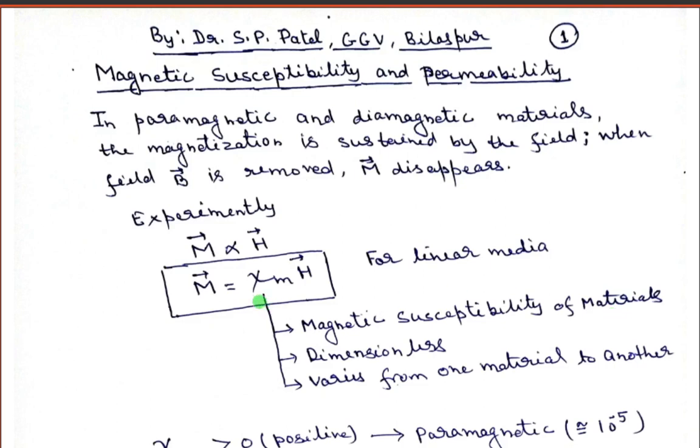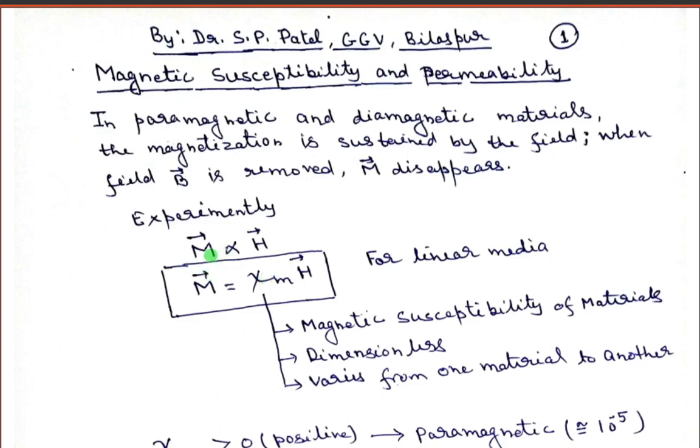This magnetic susceptibility is a dimensionless quantity, because M and H both have the same dimension. It is different for different materials, meaning the value of chi varies from one material to another.